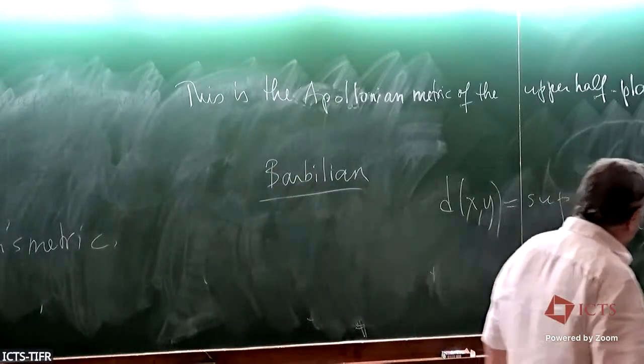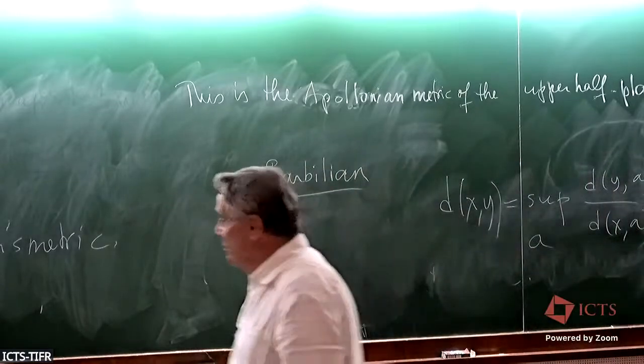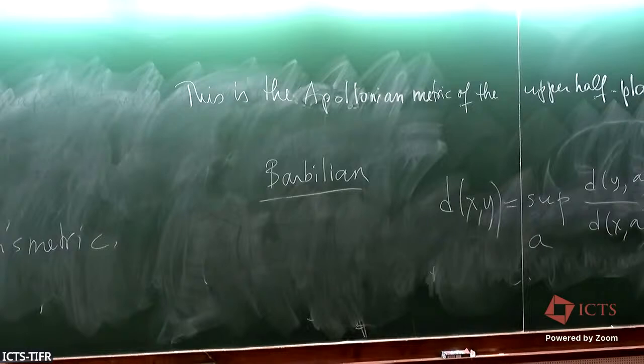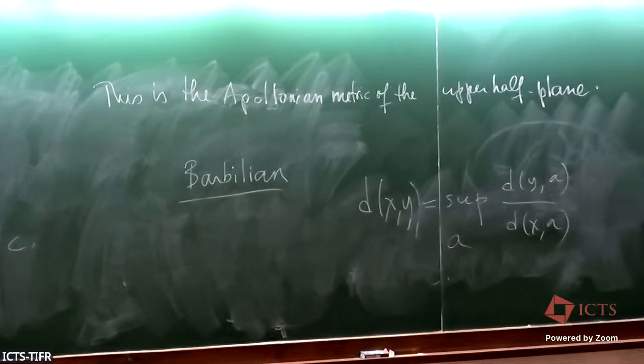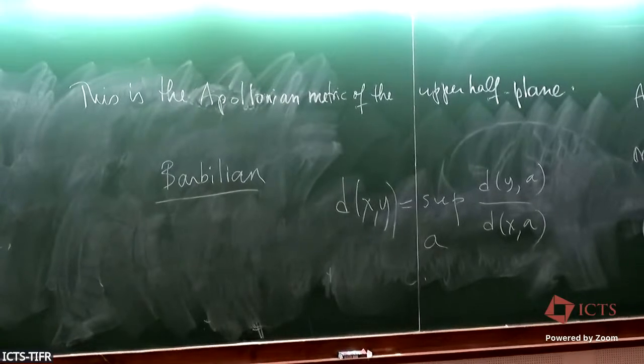Anyway, so the result here is that the Teichmüller space of the torus equipped with Thurston's metric is the Barbilian, or Apollonian metric of the upper half plane.